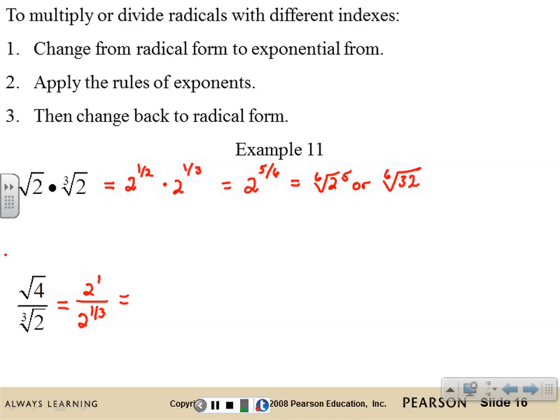So what I can do is I can do 2 to the 3/3 over 2 to the 1/3. And when you divide powers with like bases, you subtract top minus bottom. So 3/3 minus 1/3 is going to be 2/3. So we have 2 to the 2/3. Then we have to change it back to radical form. So we're going to have the cube root of 2 squared, which is going to be the cube root of 4.